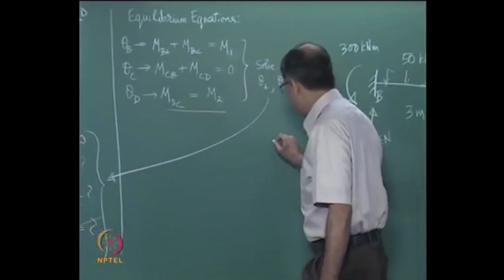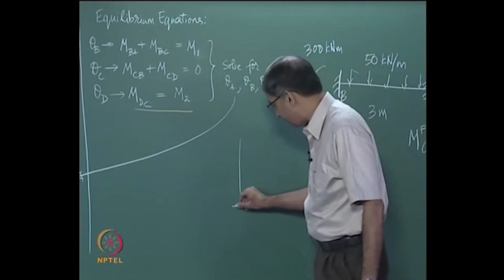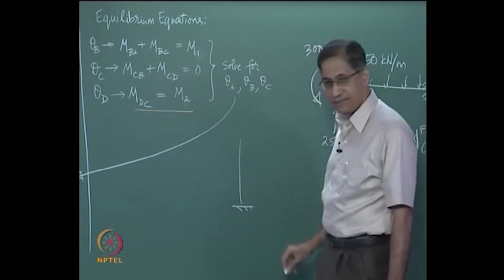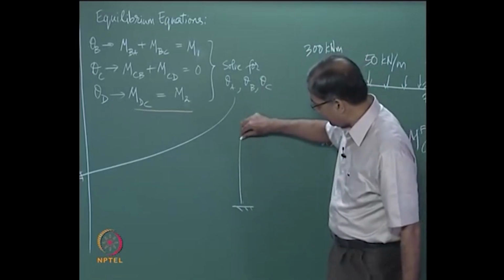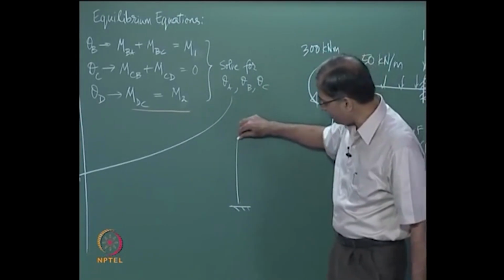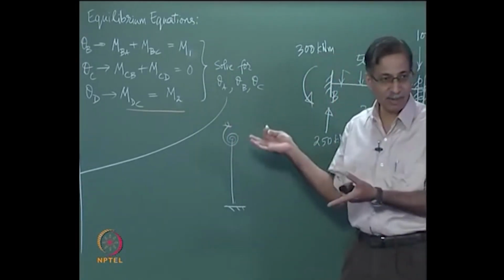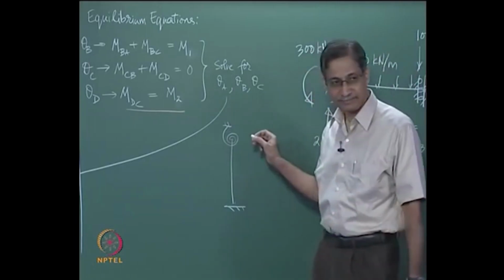See this, what we are saying, let us take this element AB. This is fixed here, right? It's a funny thing, it can move, but there is a rotational spring here. This is a real problem, this can move to the right.